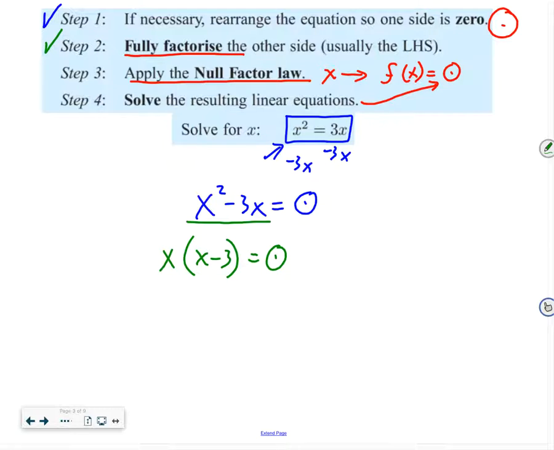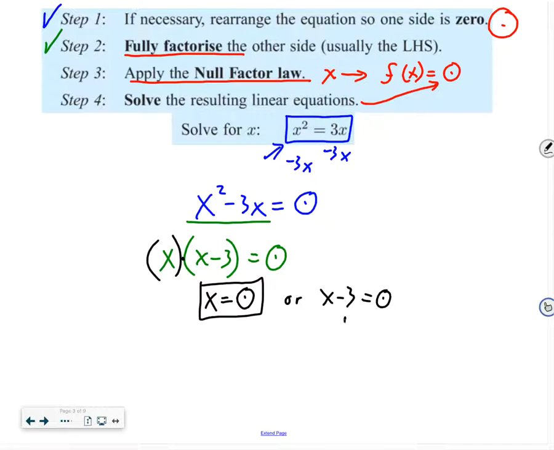Step 2, apply the null factor law. If these two factors multiply together, there's a factor equal to 0. So either x is equal to 0, or x minus 3 is equal to 0. This one's already solved, so that's one solution.